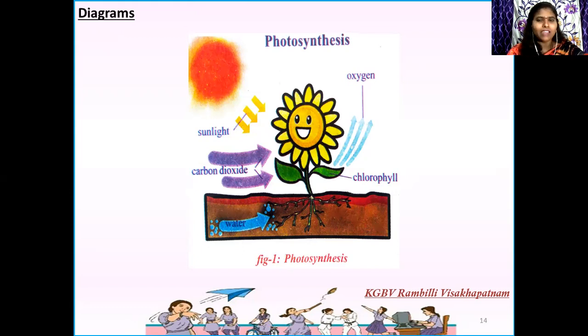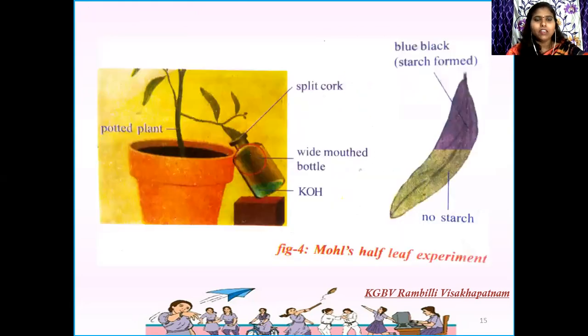By having all these 4 factors, plants make their food on their own. That's why they are called autotrophs. So this is one important diagram, maybe for 2 marks. Next, Moll's half-leaf experiment, or carbon dioxide is necessary for photosynthesis.